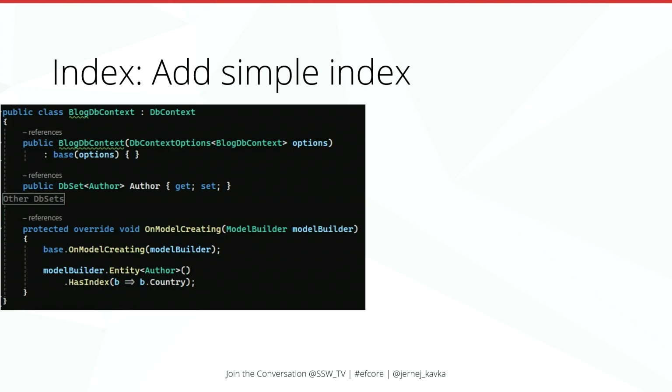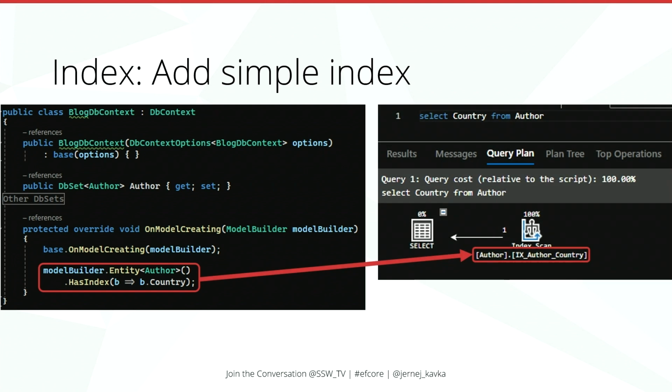Now, how do we add indexes in EF Core? Well, when we are in DbContext, we create an OnModelCreating if you don't have one. And here we just simply define the entity and what indexes we want. In this case, I selected country because maybe we have a query where we often filter authors by country.